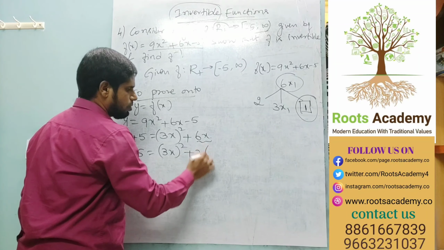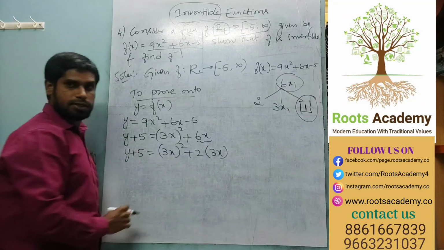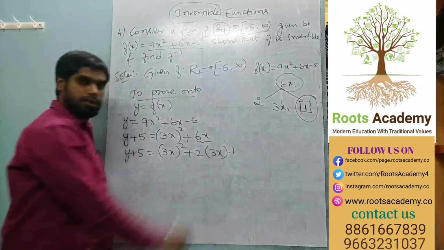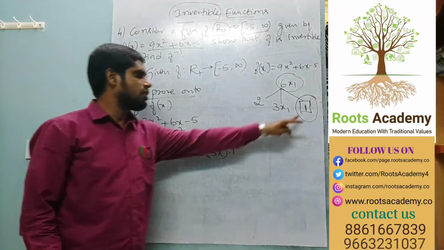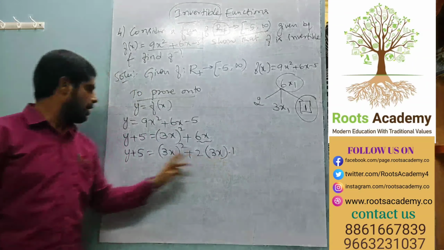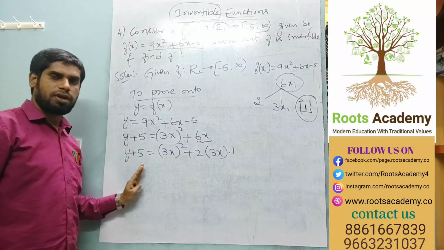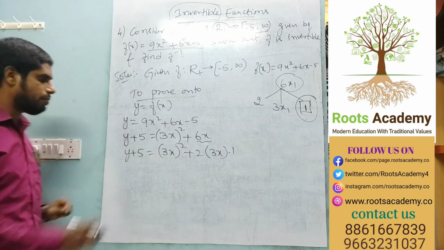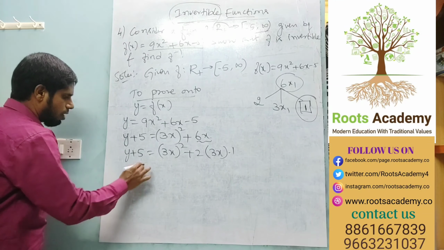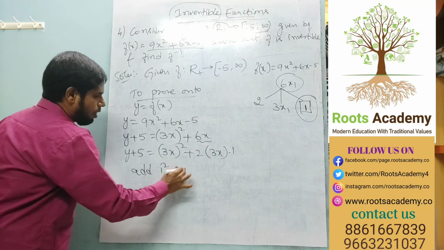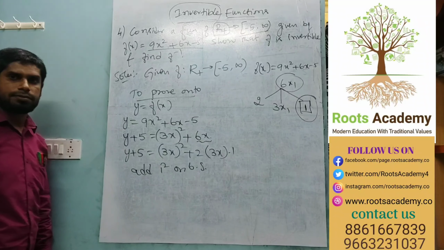First factor is 2, second factor is 3x, third factor is 1. As I said, the square of the third factor we should add on both sides, both in the one-one as well as the onto case. Same procedure. So add 1 square on both sides.